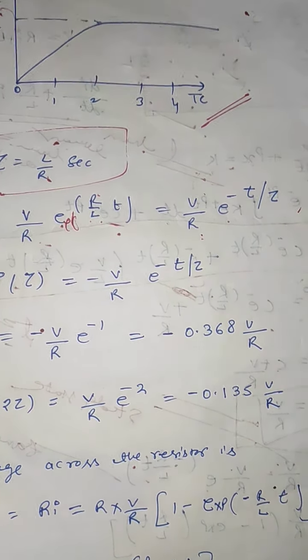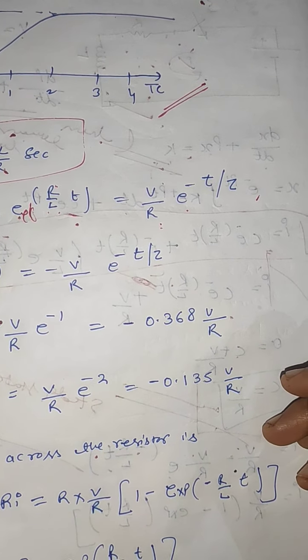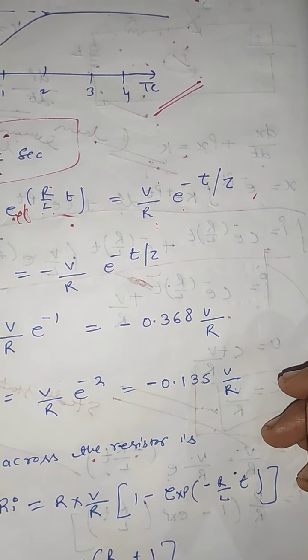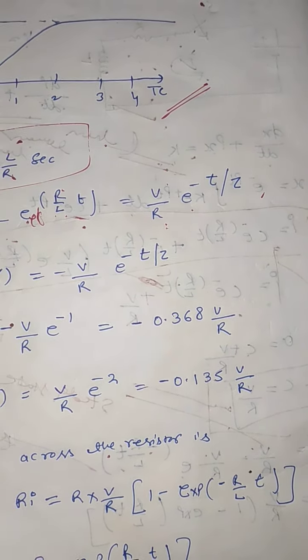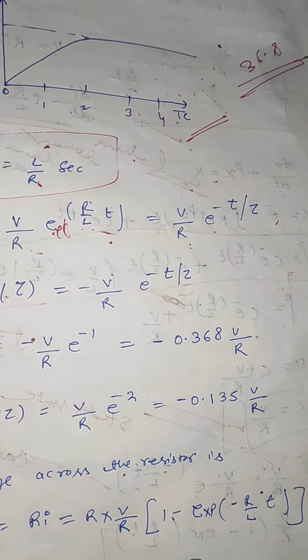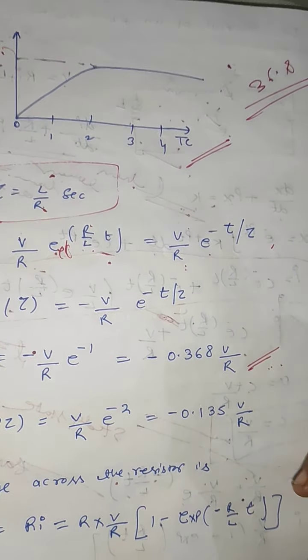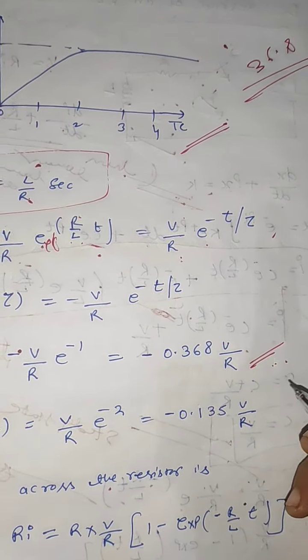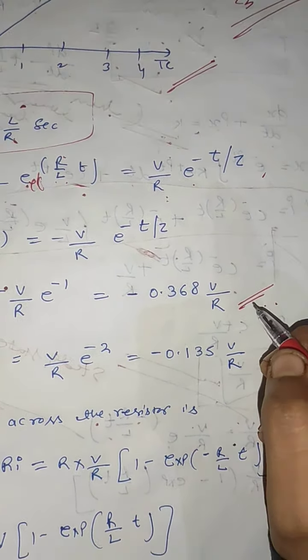At one time constant, the transient term reaches 36.8 percent of its initial value.